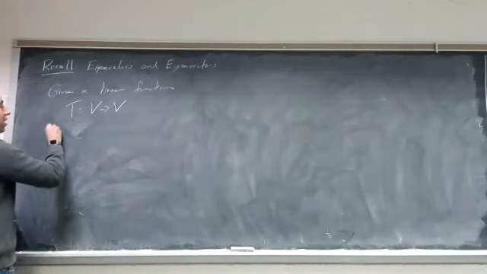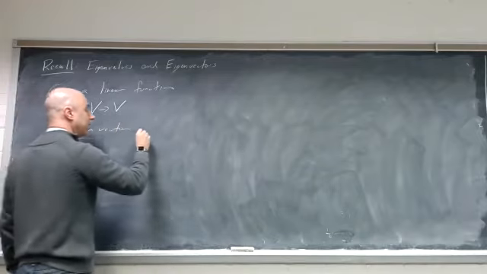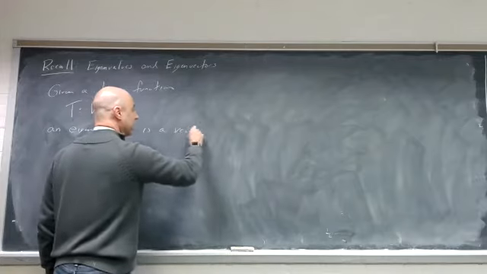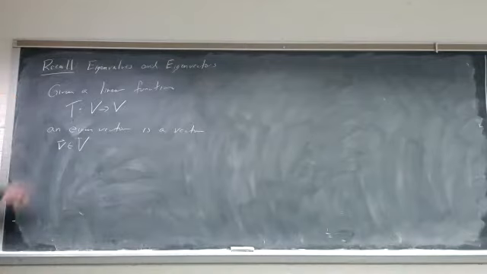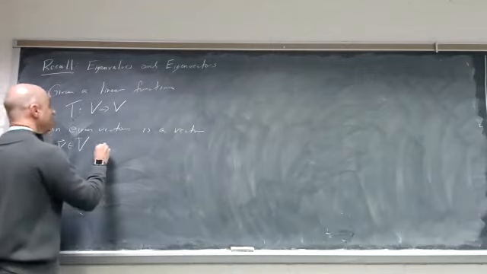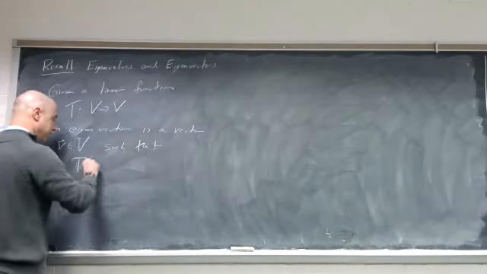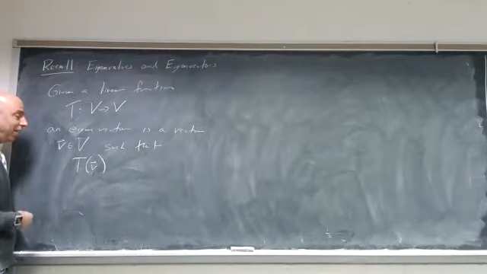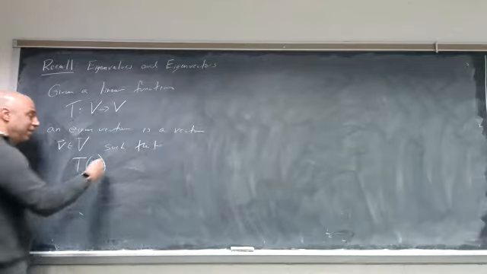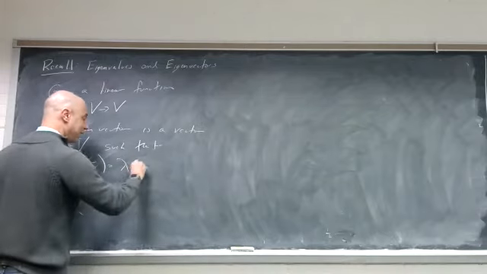So given a linear function, an eigenvector is a vector lowercase b, and don't forget to put your vector symbol over the lowercase b, such that T of b, so like A times b if you like, in the case of Rn and using an n by n matrix, is just some scalar, which we've been calling lambda, times the original vector.